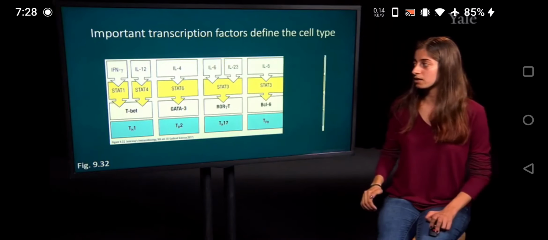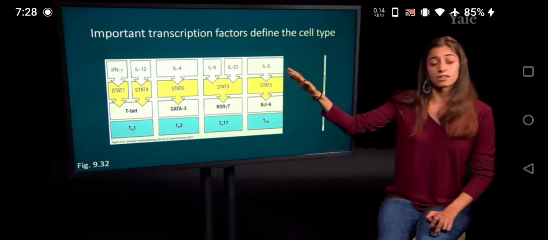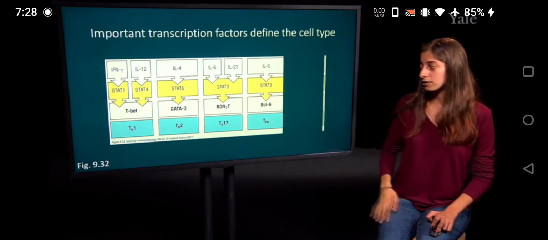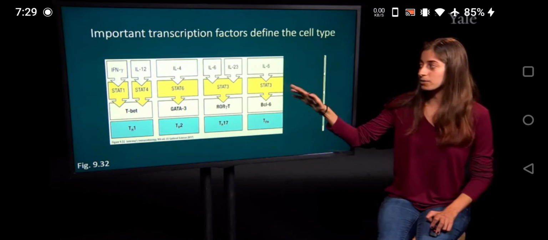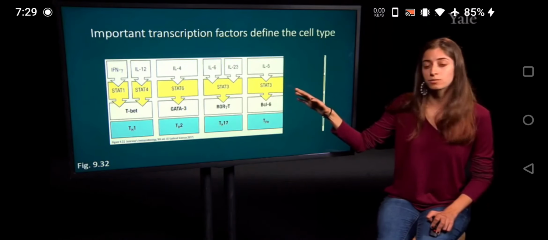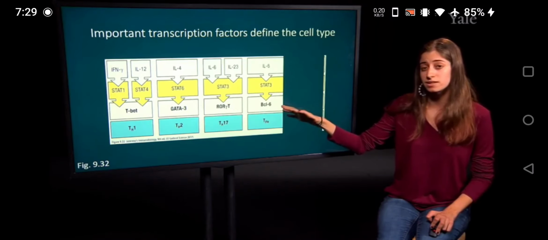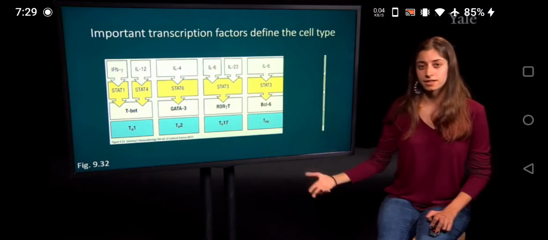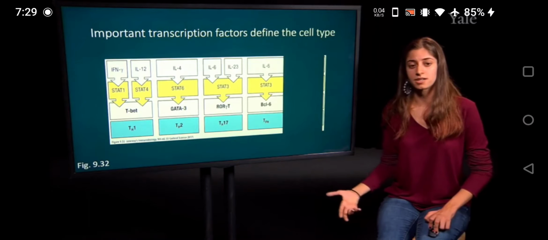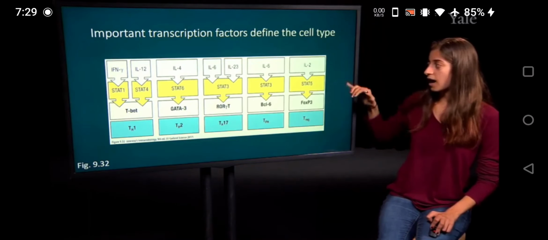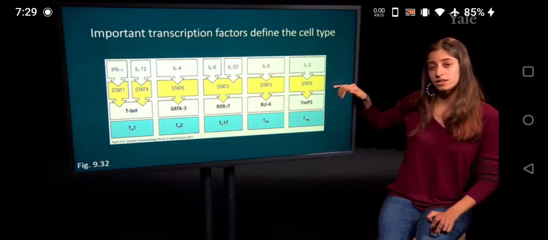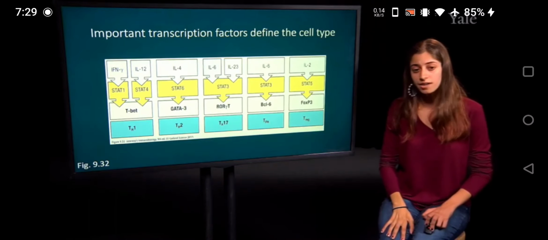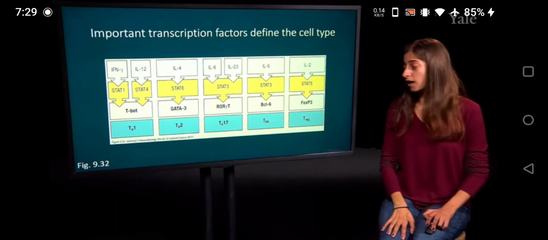IL-6 alone will also activate STAT3, but in this context, without IL-23, STAT3 will only drive the activation of BCL6. BCL6 then defines the TFH identity. Finally, IL-2 alone will activate the transcription factor STAT5, which drives the expression of FOXP3, which defines the T-Reg.